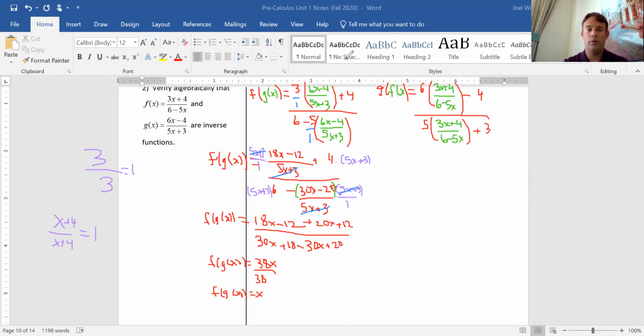And then just like we did before, I'm going to multiply these numbers in. So when I multiply the 6 in there, I end up with 18x. I'm going to leave myself a little space this time. Plus 24, all over 6 minus 5x.